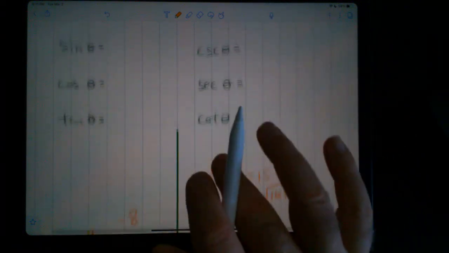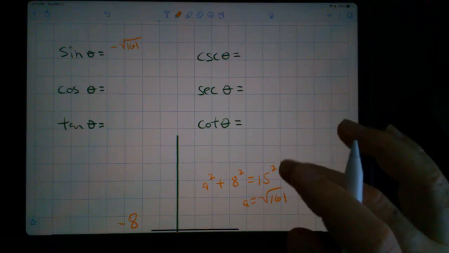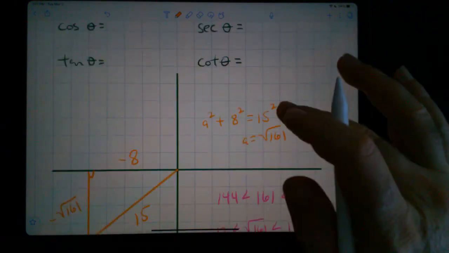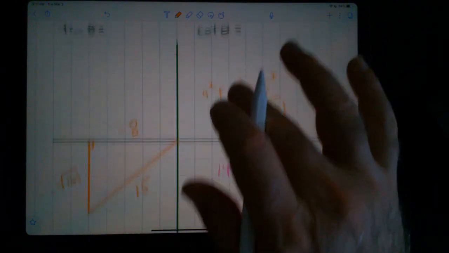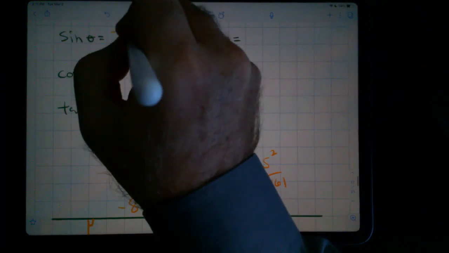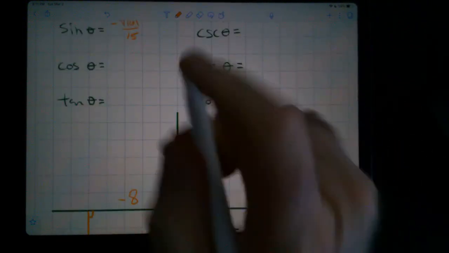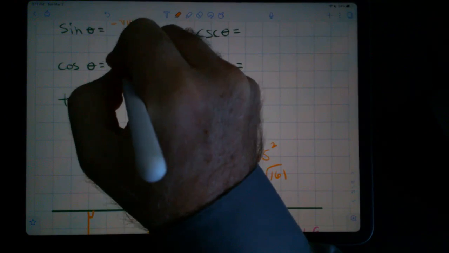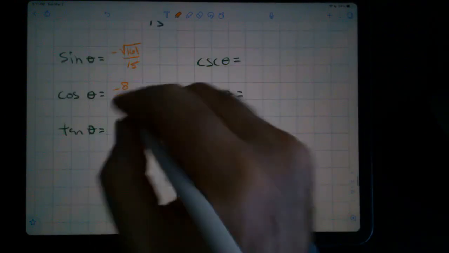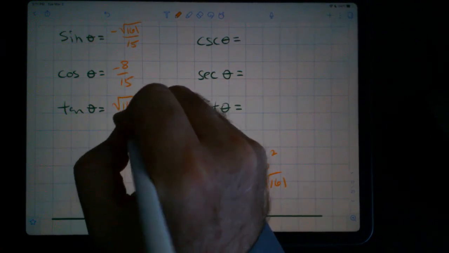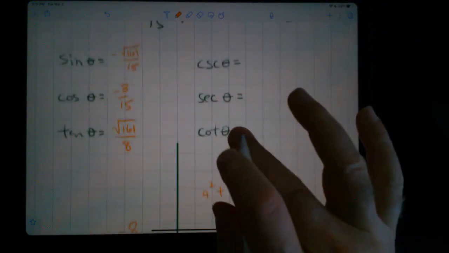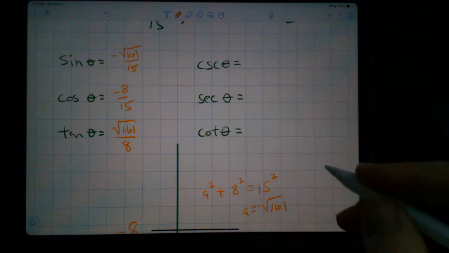So that sine is... cosine was given. Tangent is sine over cosine. A negative divided by a negative is a positive. Cosecant is the inverse of sine.